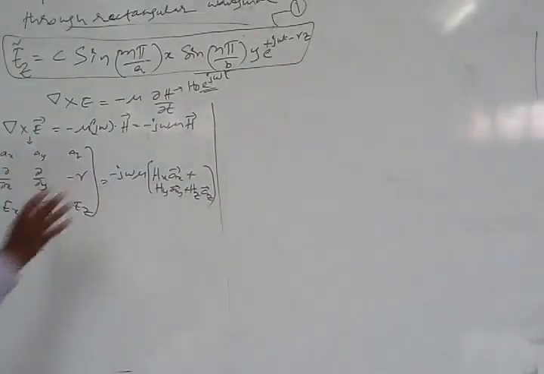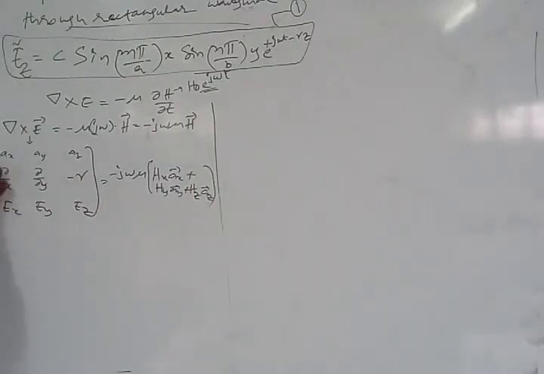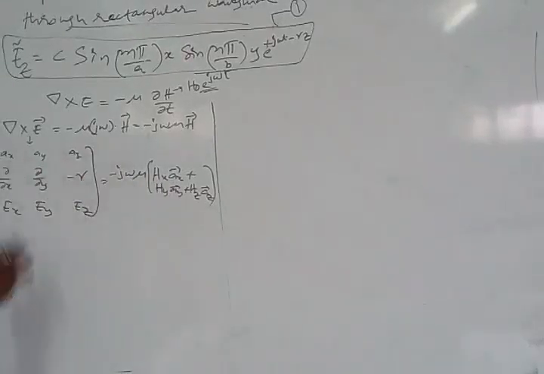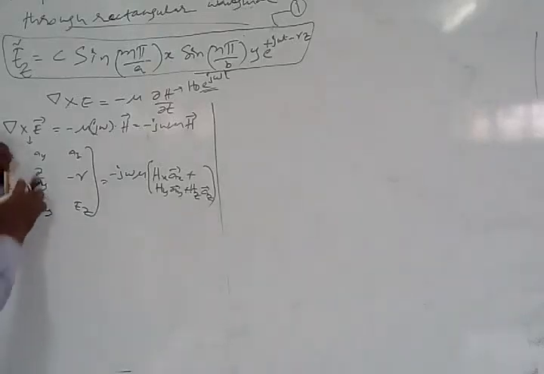Let us solve this equation now. So by solving this equation, what is that I can solve now? I can just simply write this as Ax into, here Ax will be there, it is equated to Ax component. So Ax will get cancelled. So I need not write Ax. So Ax into what I am going to have dou Ez by dou y minus gamma Ey.